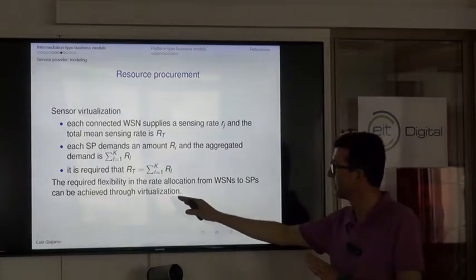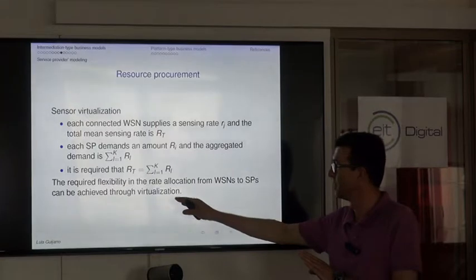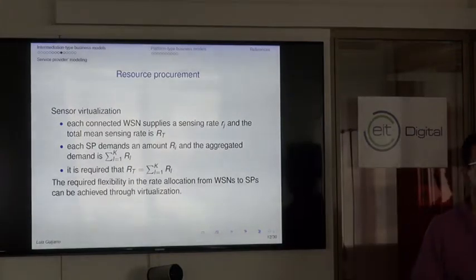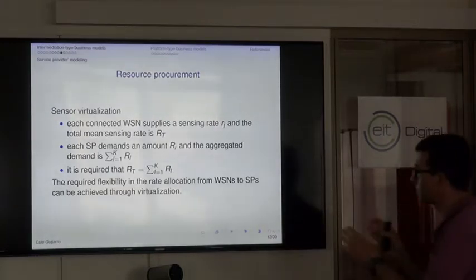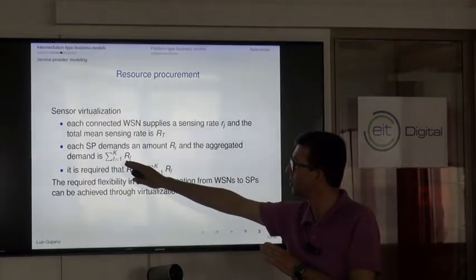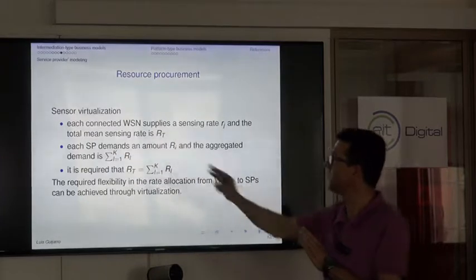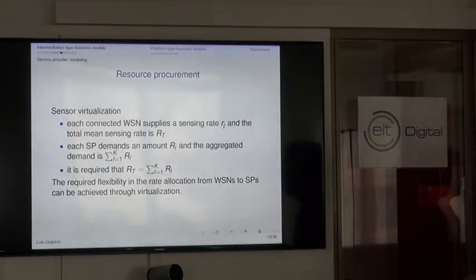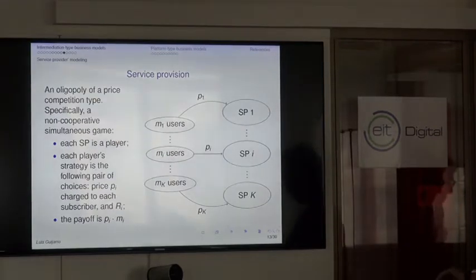What I mean is that in order for this to be feasible, there is a need for a virtualization scheme implemented in the sensor networks so that the concrete and specific amount of sensing data rate that is needed by each one of the SPs can be delivered from the different sensor networks. Although this point is not covered by our model.